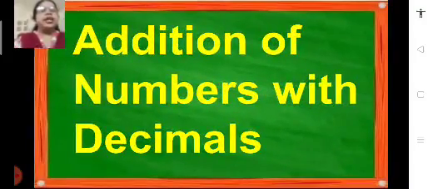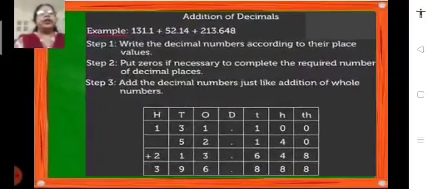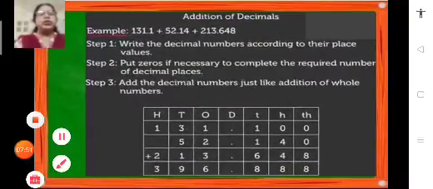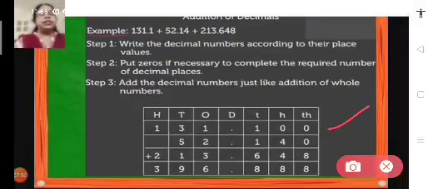Now let's see what are the things that we have to keep in mind while adding numbers with decimals. We have to write the decimals according to the place values as shown here. The decimal points should come one below the other.